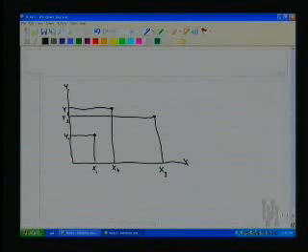Regression analysis requires that we generate the line of best fit. The line of best fit through these data points. More specifically, the straight line of best fit through these data points.